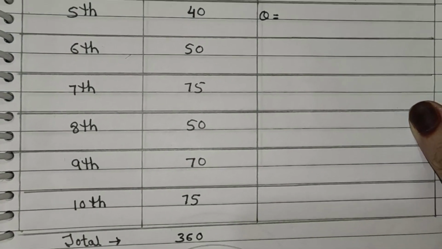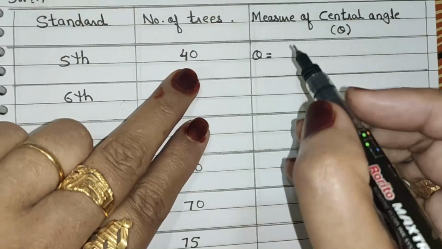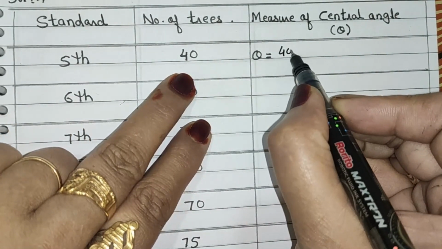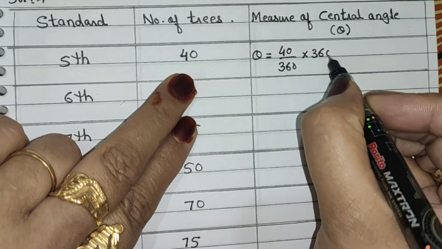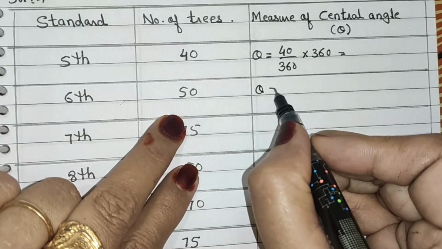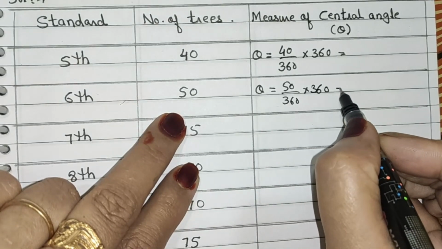Now find out the central angle of each component one by one. Now first value is 40 upon total value 360 multiply by 360. Now next is 50 upon 360 into 360.